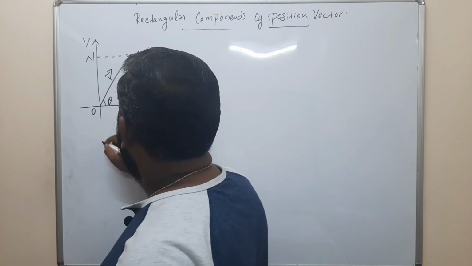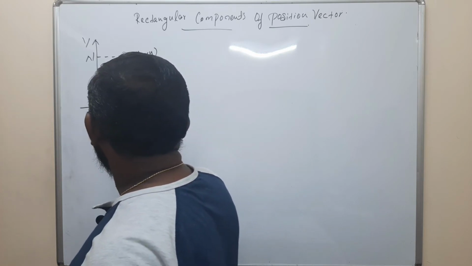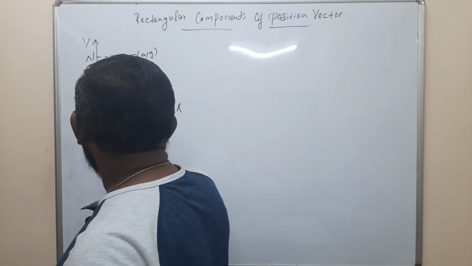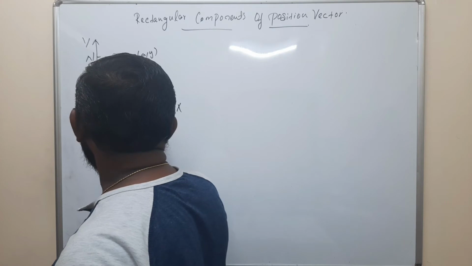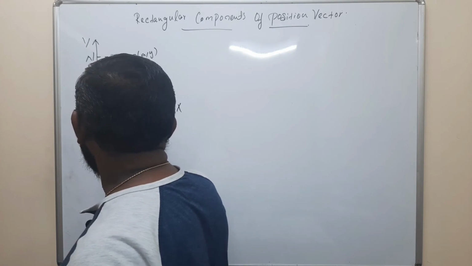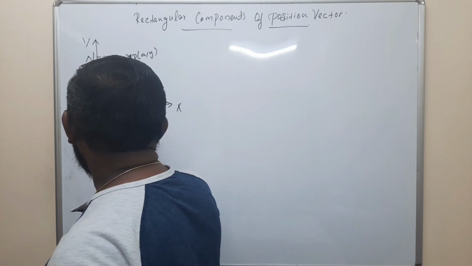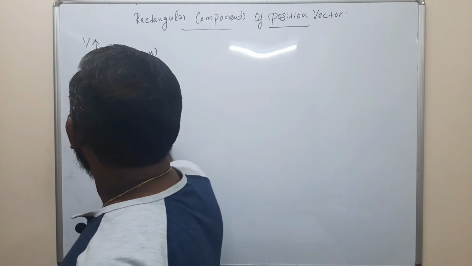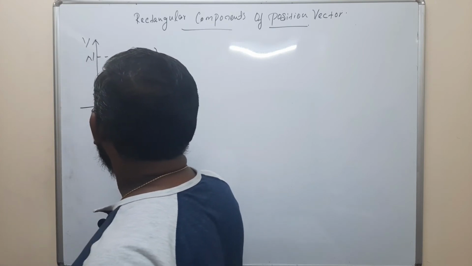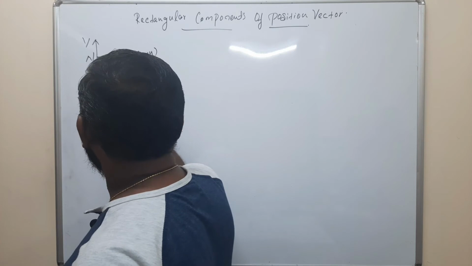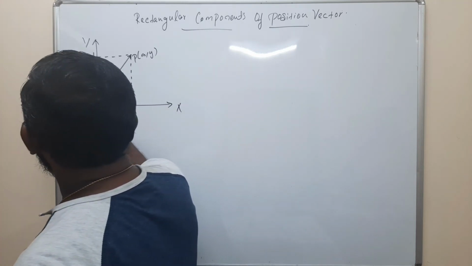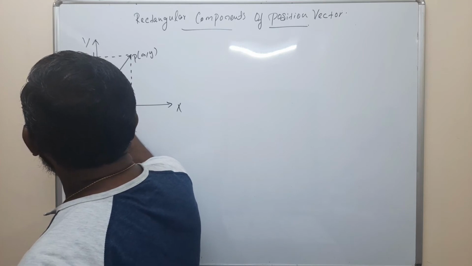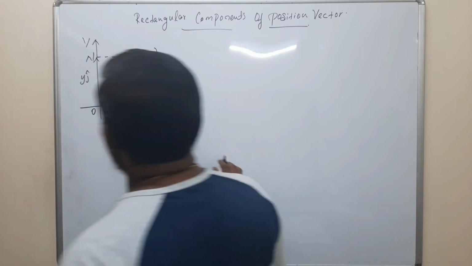So the projection of this position vector on the x-axis is OM vector, that is x i cap, and the projection on the y-axis is y j cap, that is ON vector.